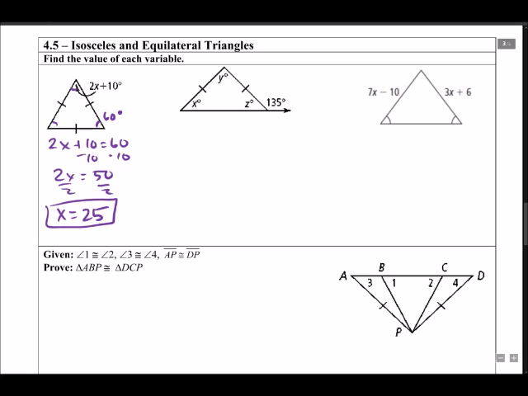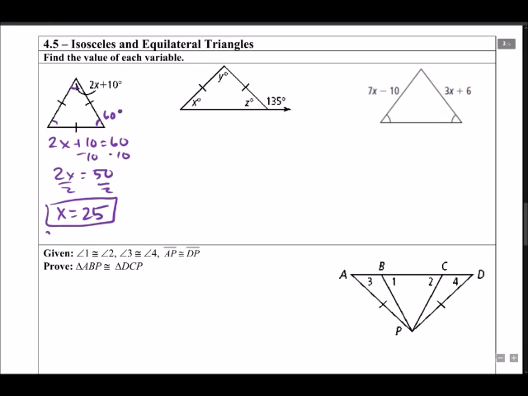So there's that one. And that's just the corollary to the isosceles triangle theorem. Lets me do that. Let me mark my angles congruent, and then I know they're all 60 degrees. All right, what's next? Oh, we've got 3 angles here.